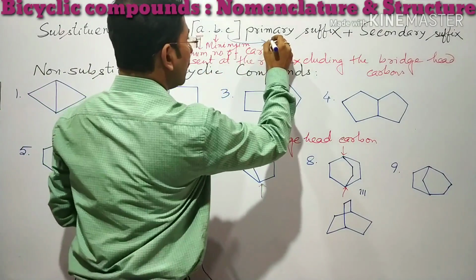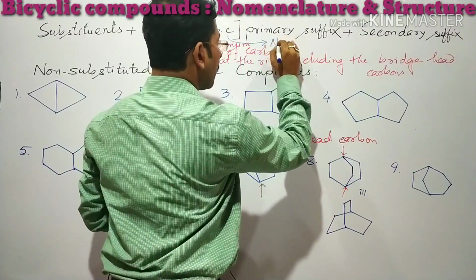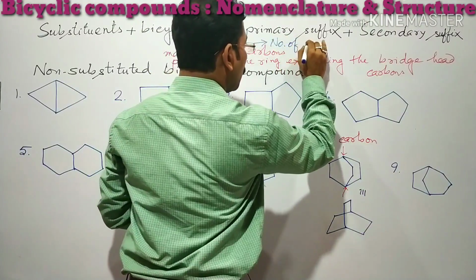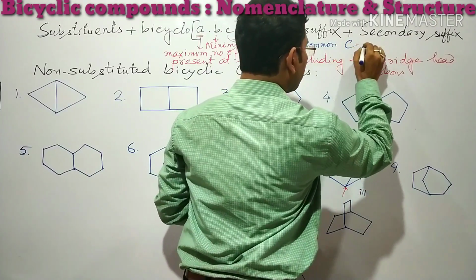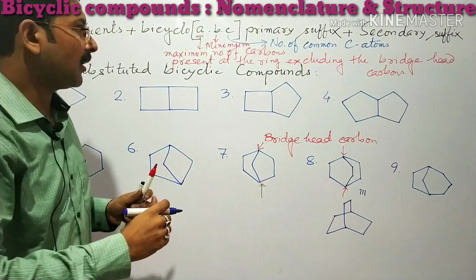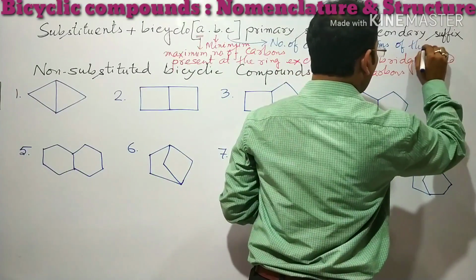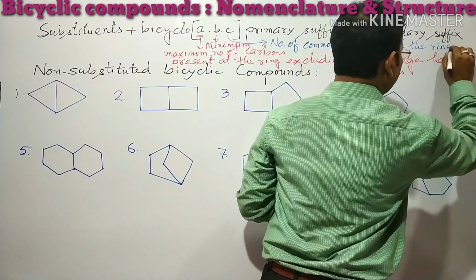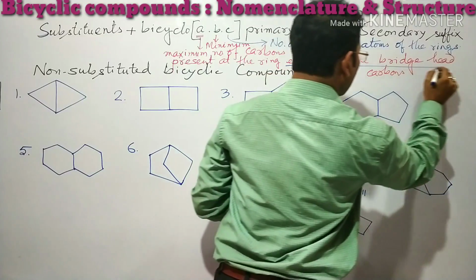Now, C is the number of common carbon atoms of the two rings. And of course excluding the bridgehead carbons.